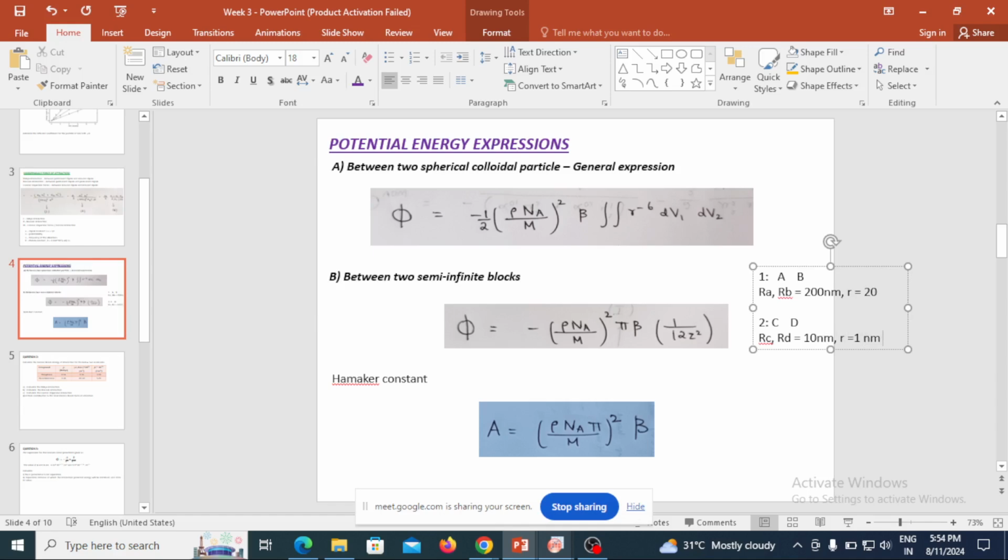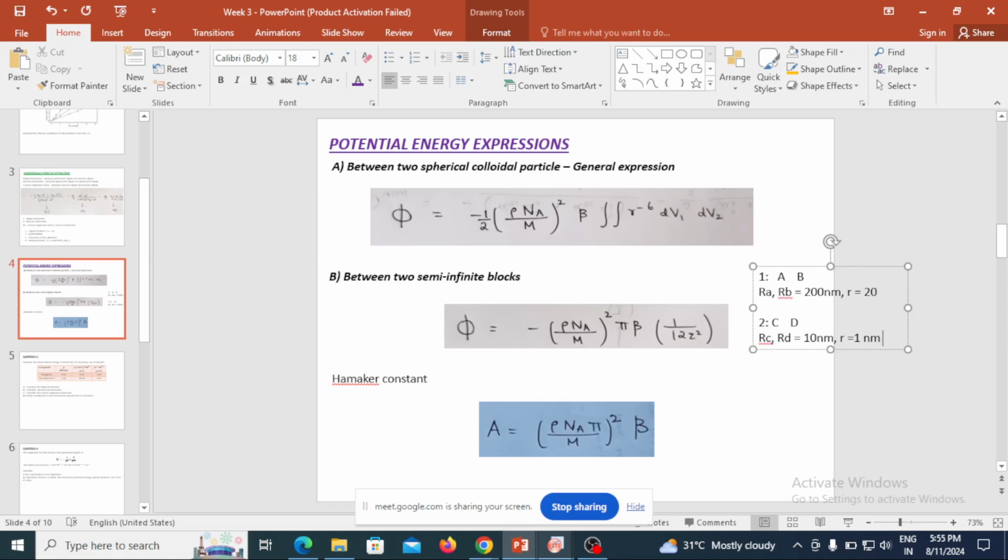Then for the interactions, if AB and CD are of the same composition, and their radii as well as the distance of separation are related by a scaling factor, then the van der Waals forces of attraction between both the systems will be the same.